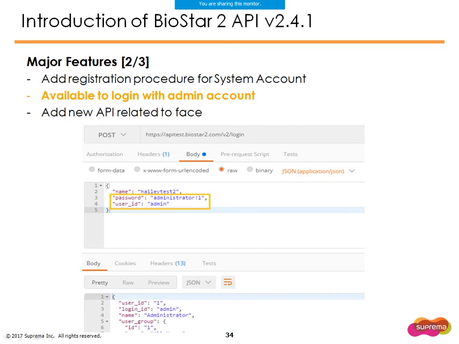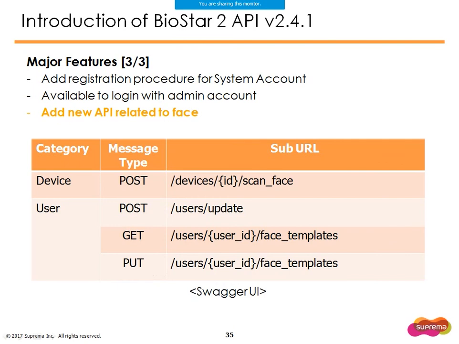However, from Biostar API version 2.4.1, you can use the admin account for calling login API via Biostar API. Last but not least, new APIs regarding Face are added. Please check them in Swagger UI after finishing this session.